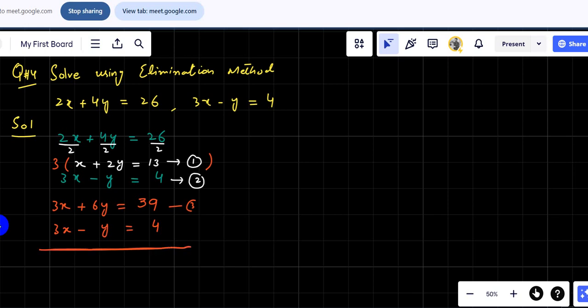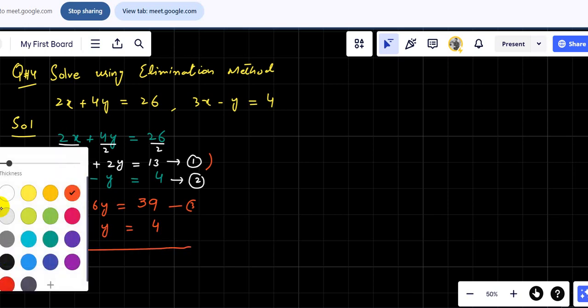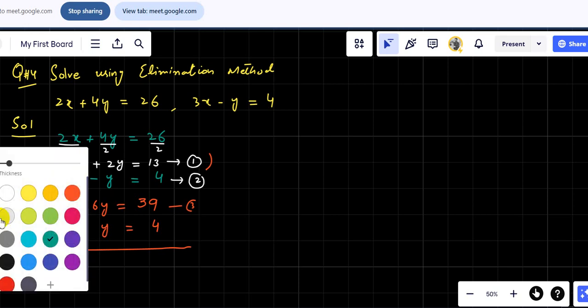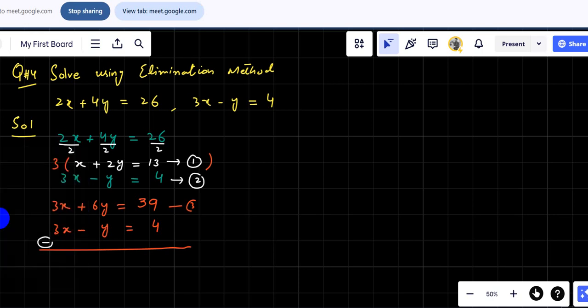So now do I need to subtract these equations or add? Thirty-five, and divide by 7. So y will be 5, right?